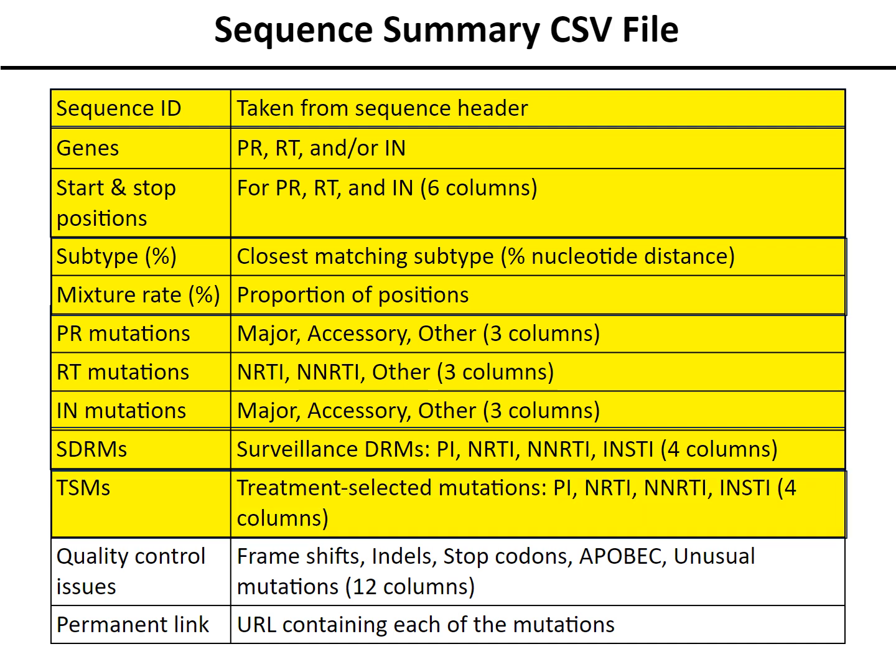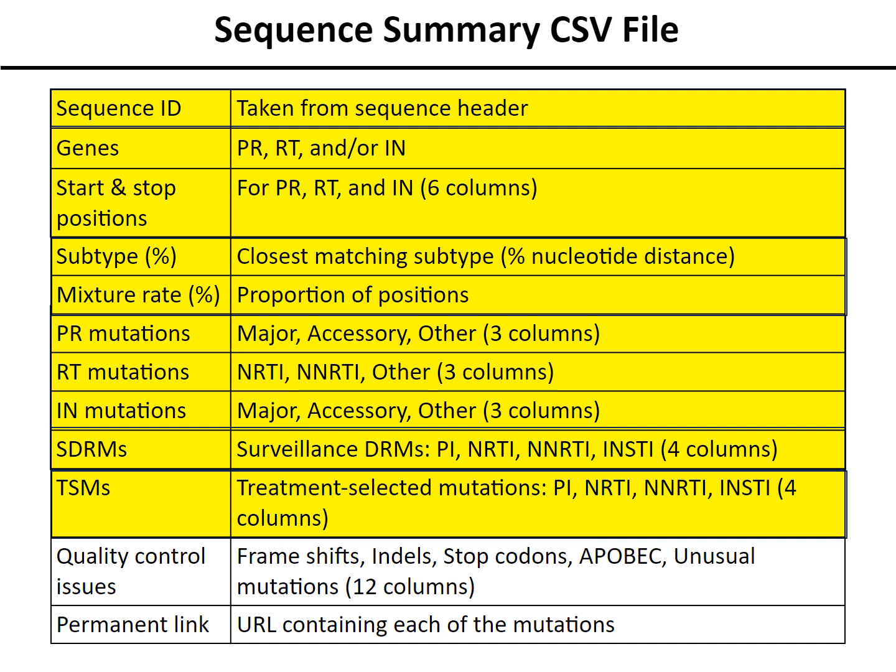The treatment-selected mutations, or TSMs, are non-polymorphic mutations that have been shown to be significantly more common in treated persons than untreated persons. These include some very rare mutations that have not been well studied and that therefore do not have mutation penalty scores.